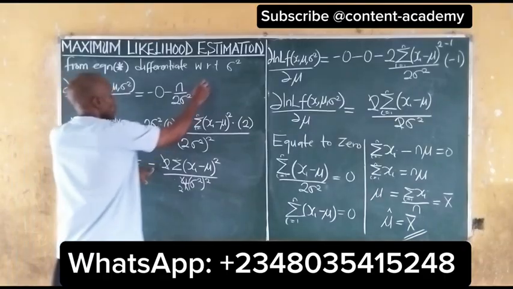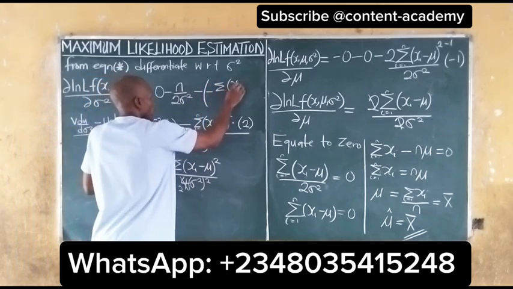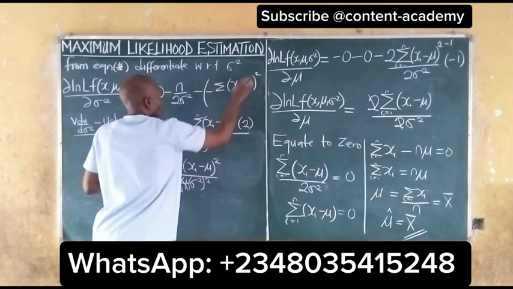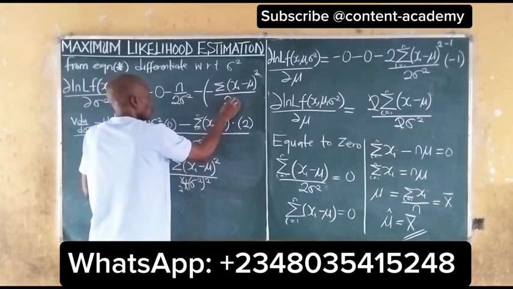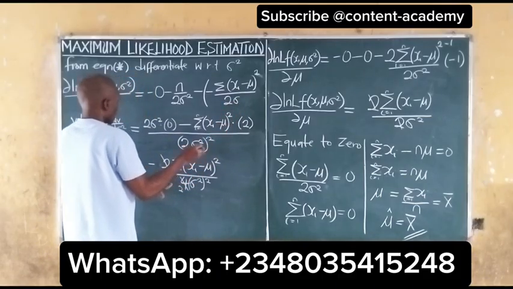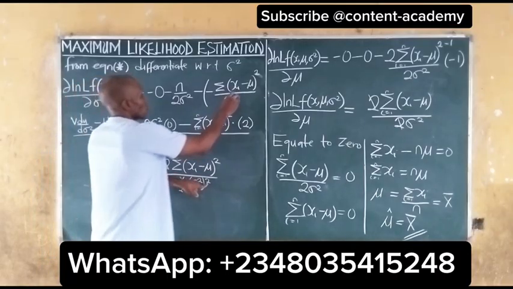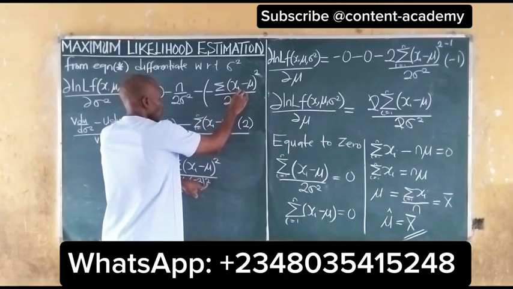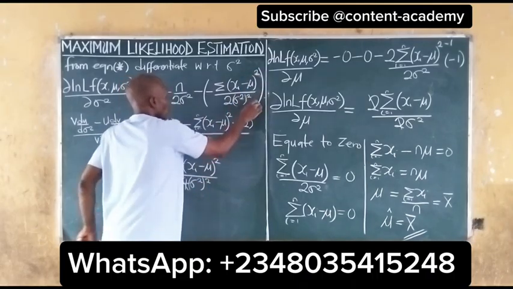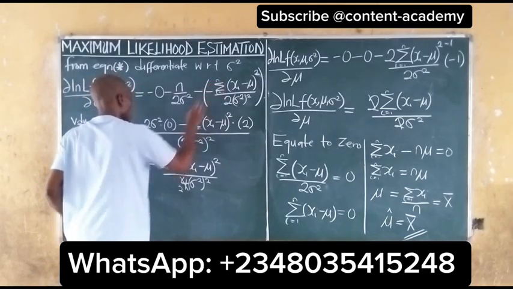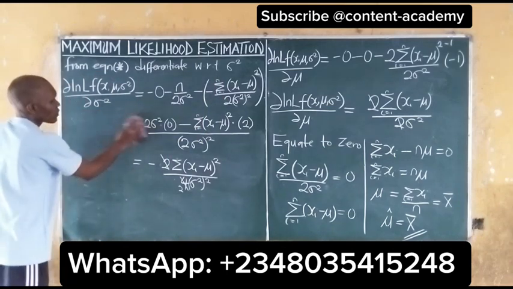So we can write this to be negative the summation of (xi minus mu) squared all over 2 sigma squared, as i runs from 1 to n. This is what we get if we take the partial derivative from our equation star.